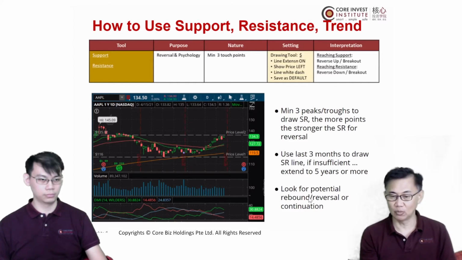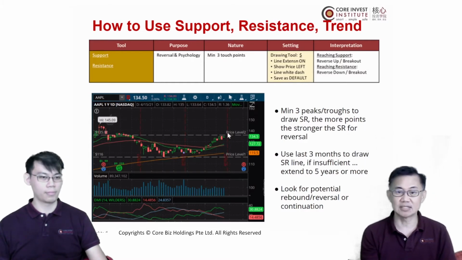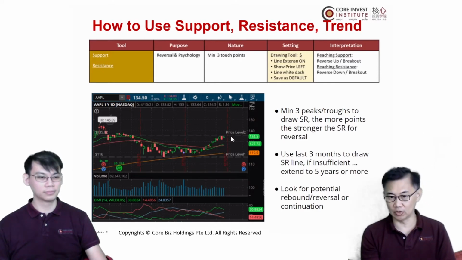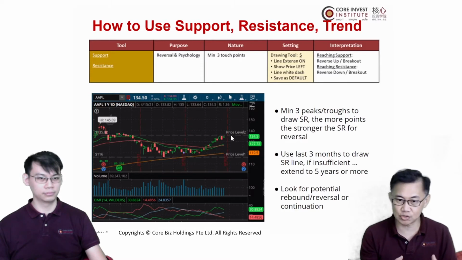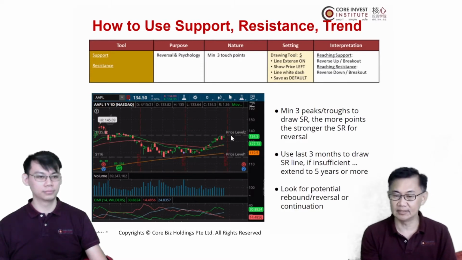So at this point in time, what do you think? Chances are, coming to a resistance line, and it is not testing for the first time after a longer period of time. Chances are, without a strong volume, if there's no particular event or any strong incoming volume, there should not be a breakout. Instead, we should see a reversal.